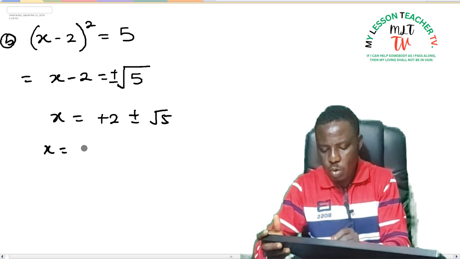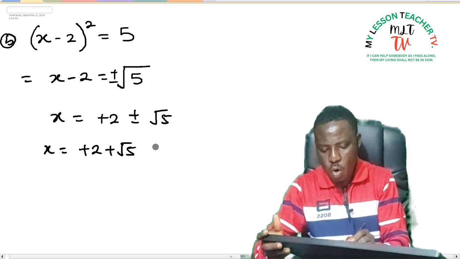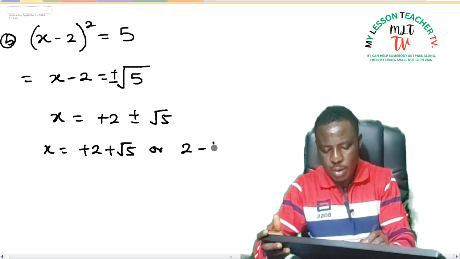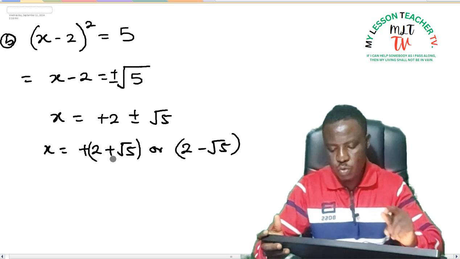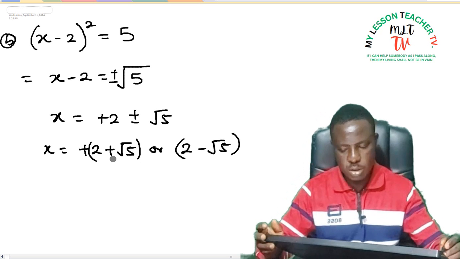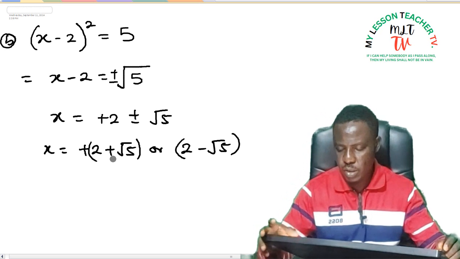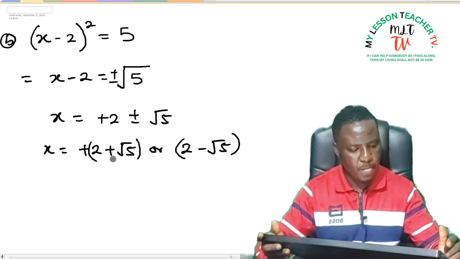So we have x is equal to 2 plus root 5, or 2 minus root 5. So these are the two possible solutions of this question.